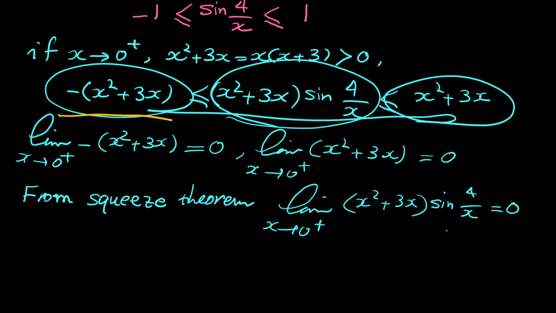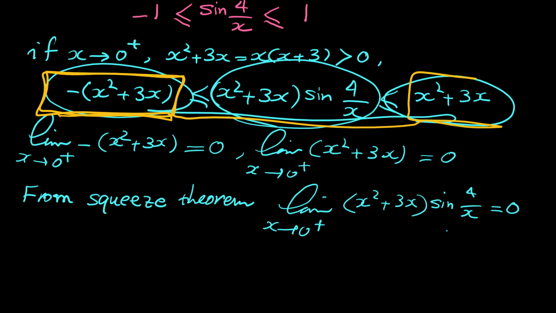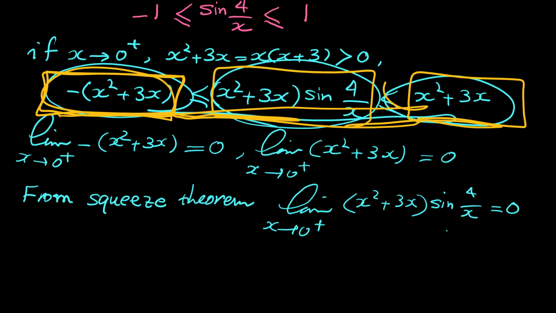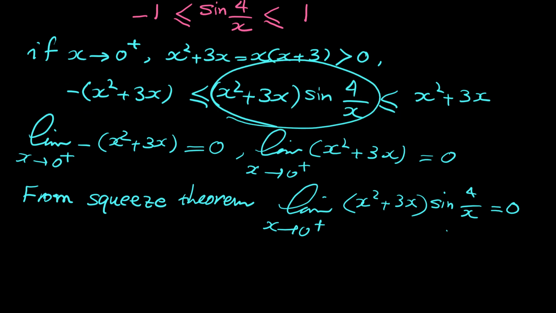It should be completely clear for you. The limit of the left function is 0. The limit of the right function is 0. So this function is between them, so the limit of that function should also be 0.